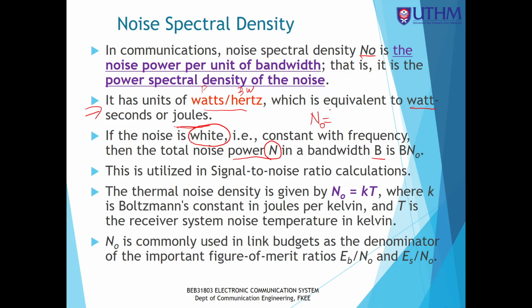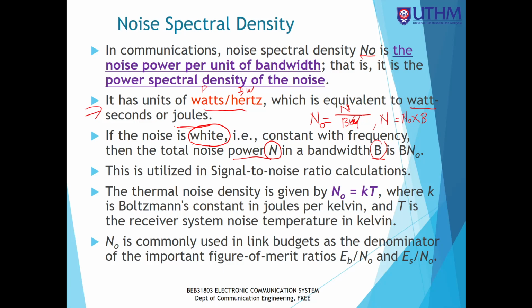So noise power spectral density N0 is equal to noise power N divided by the bandwidth. So noise power N, in terms of watts, is equal to spectral density multiplied by the bandwidth, B or Bw. In this case, they use B, bandwidth.